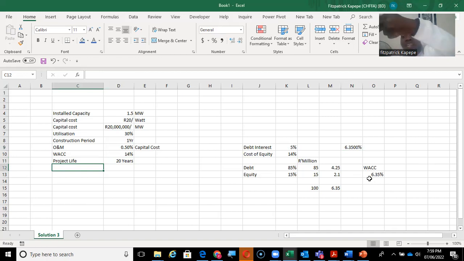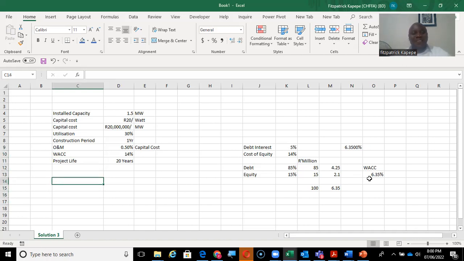So you are discounting to today so that you make a decision. That's where the concept of time value of money comes from. I hope I'm not as clear as your lecturer.